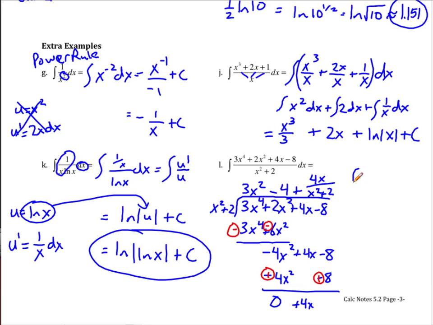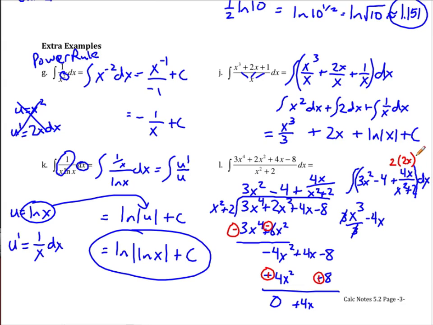Okay, so now we need to take the integral of 3x squared minus 4 plus 4x over x squared plus 2 dx. And so this one would give me x cubed, well, 3x cubed over 3, and the 3's cancel, of course. The negative 4 gives me negative 4x. And then this one here, if I let u equal x squared plus 2, du would be 2x. So here, what we want to do is rewrite this as 2 times 2x.